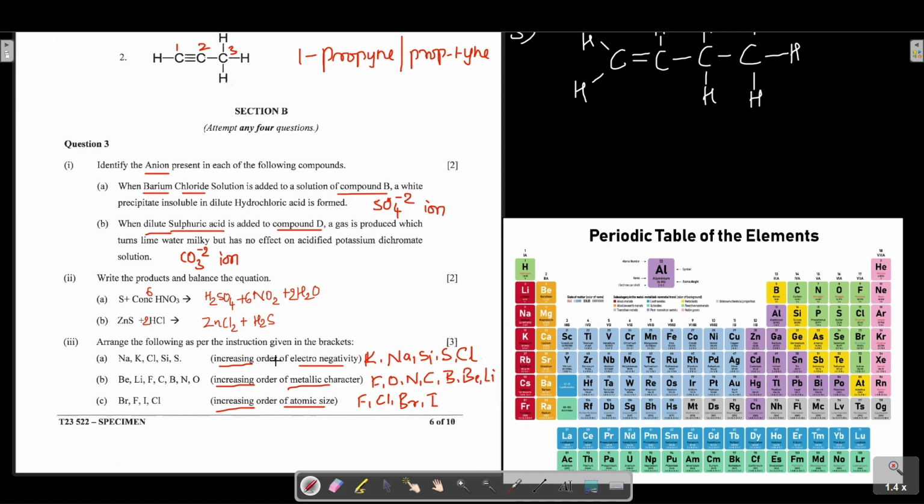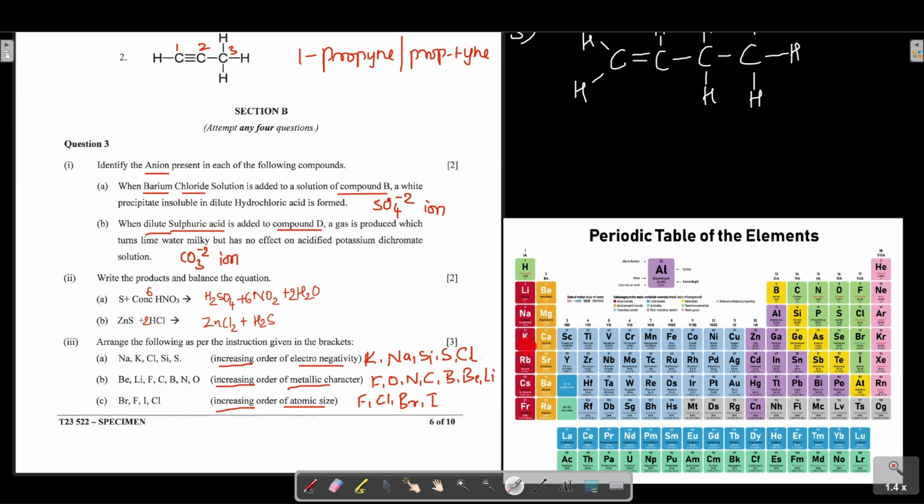Come to arrange the following as per the instructions. Increasing order of electronegativity for these. For these kind of things, first you have to write down. Obviously, remember first 20 elements. Write down whether they are coming in the same group, same period, etc. Sodium and potassium: sodium is here, potassium is here, same group. As you move down the group, what happens to electronegativity? Decreases.